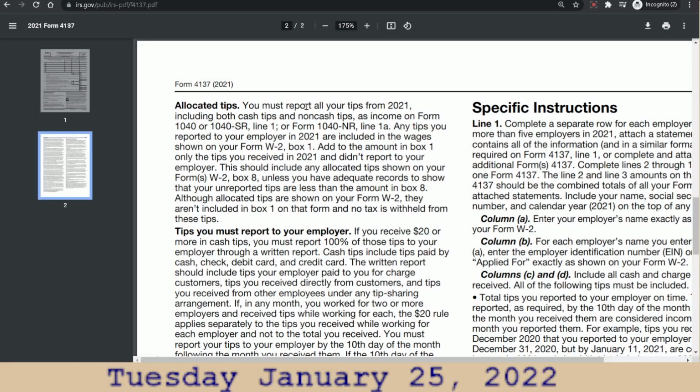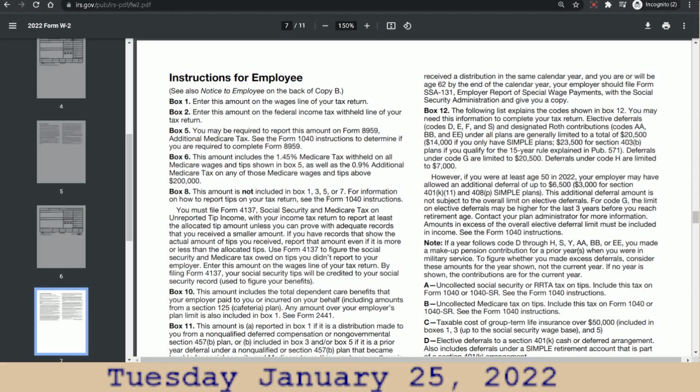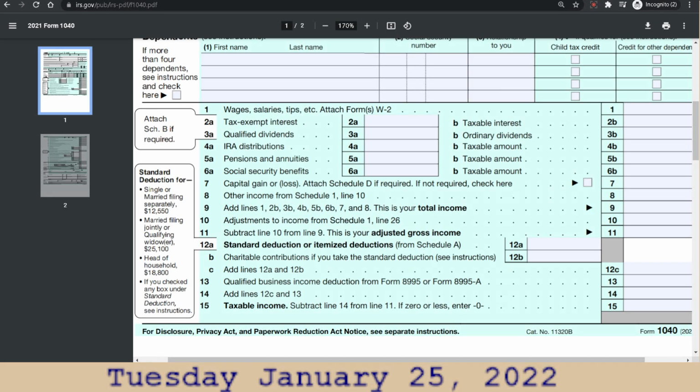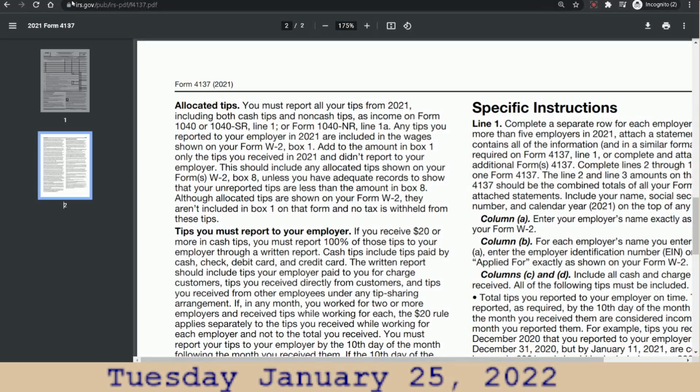Allocated tips. You must report all your tips, including both cash tips and non-cash tips, as income. I don't know how you determine what the income is. Any tips you report to your employer are included in the wages shown on Form W-2 Box 1. Right here. All right.